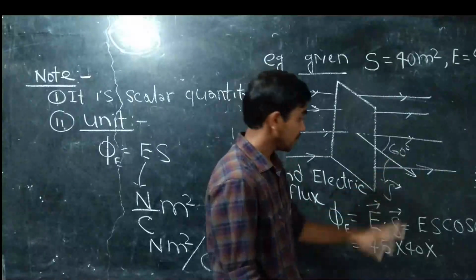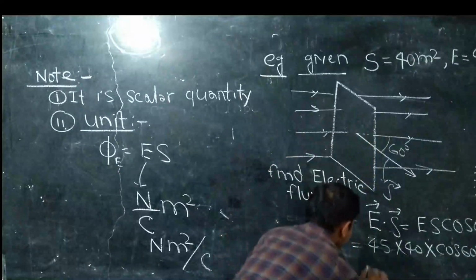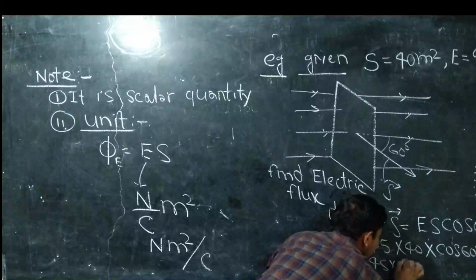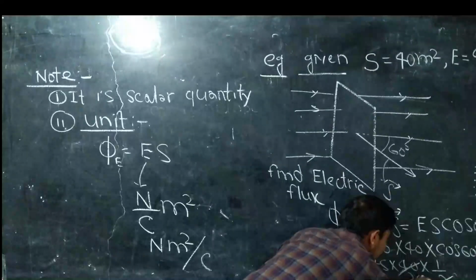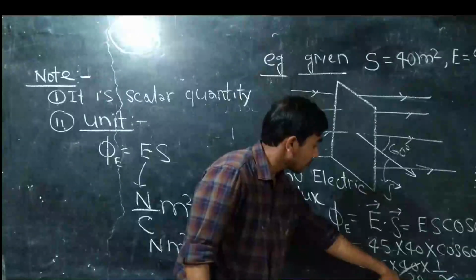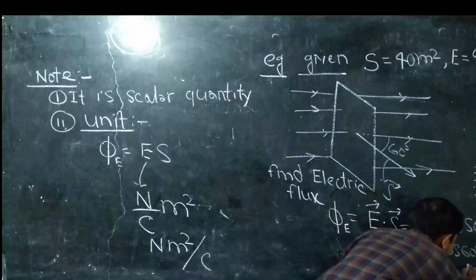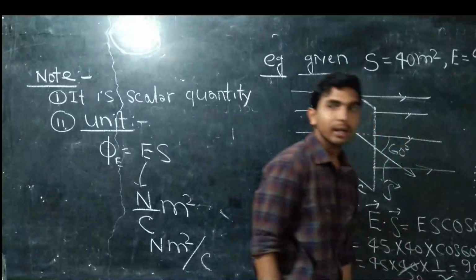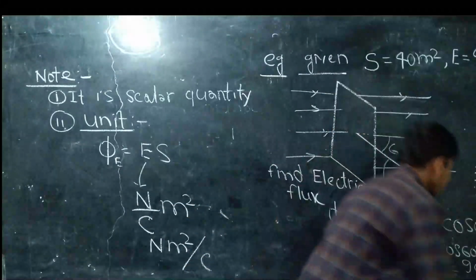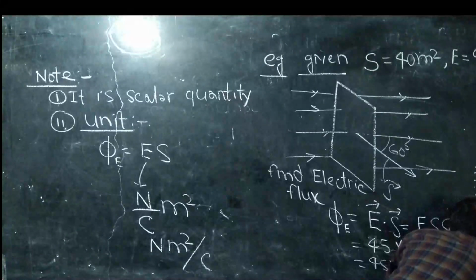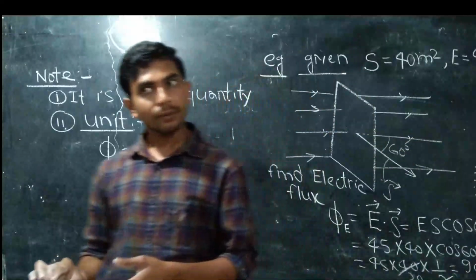So further we can write 45 into 40 into cos 60, which is 1 by 2. 40 divided by 2 is 20, and 20 multiplied by 45 comes to 900. And the unit is known to you: Newton meter square per coulomb. This way you are able to find electric flux, right?